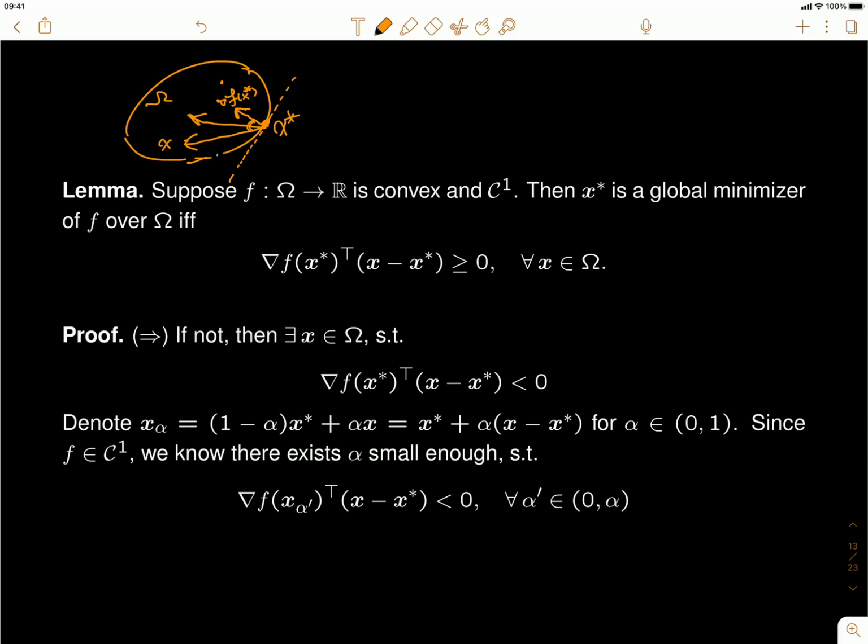When you reach the minimum here, this shows that the inner product of this vector and this vector is greater than or equal to 0, since the angle between them will always be less than or equal to 90 degrees. Okay, so that's why we have this. Geometrically, it's pretty easy to interpret. But now let's try to prove this.